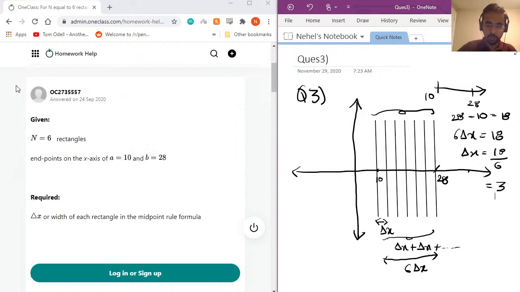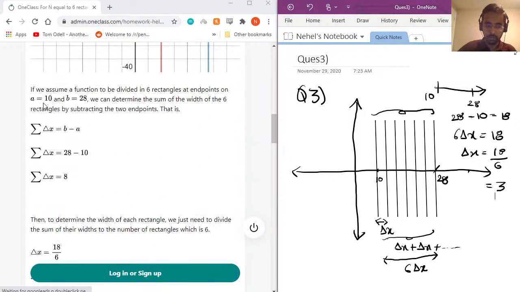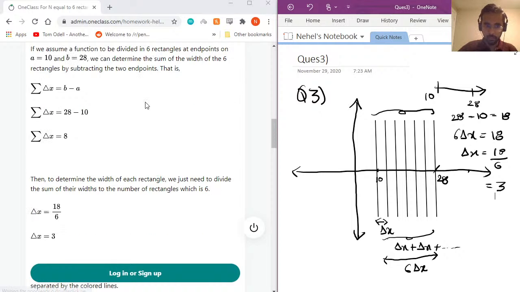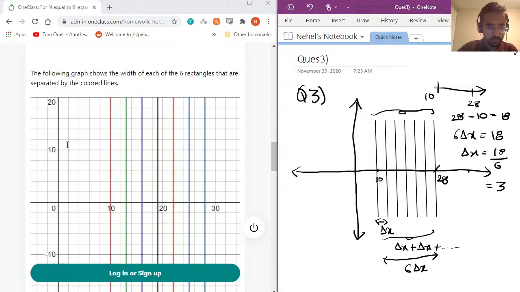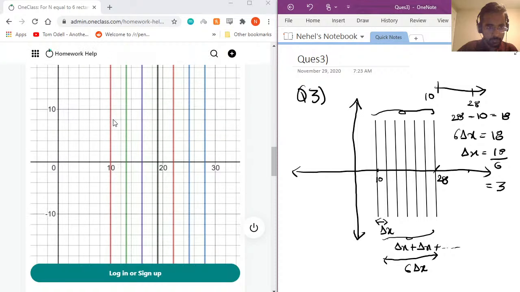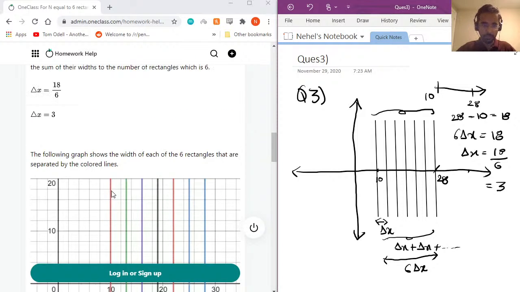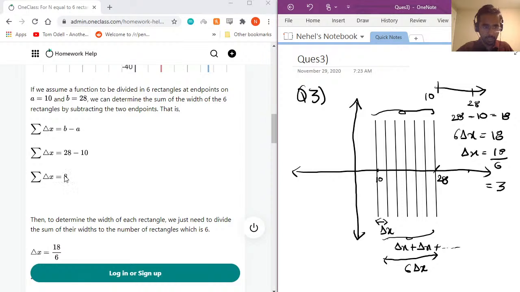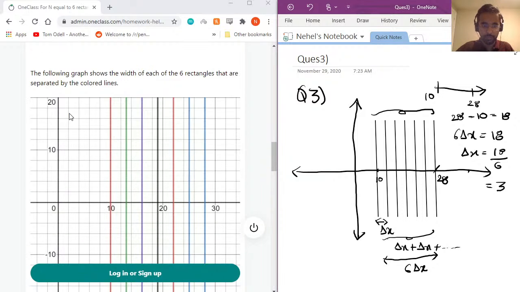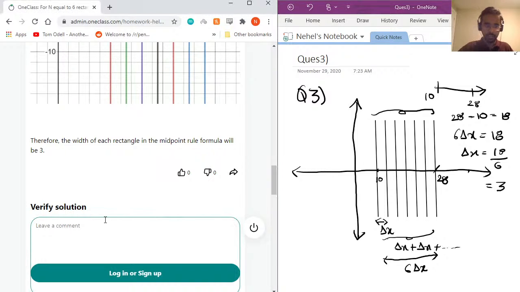There's also another way of doing it, which is, so this is a bit incorrect. Yeah, never mind. This is the correct way of doing it. The solution here is a bit incorrect because delta x should be 18 in this case. Let me just write that down.